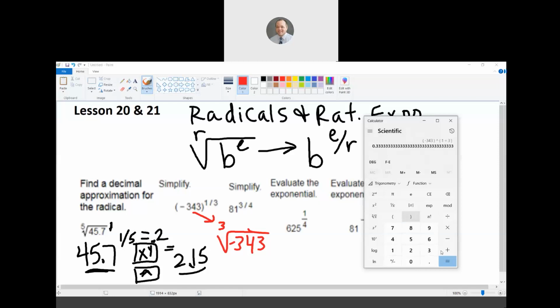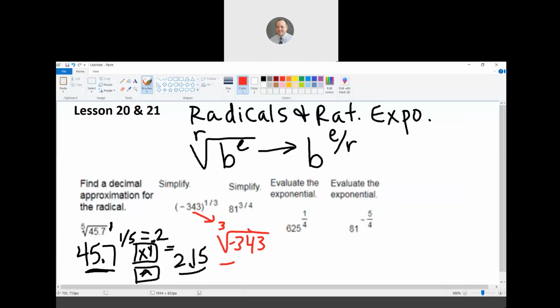Close your parentheses and then mash equal. Now you actually get a different answer, and let me explain why. Some calculators are very sensitive and actually do order of operations out of order. So if you have an exponent that's a fraction, make sure you use parentheses to get the correct answer. So -7 is actually it for the second problem.